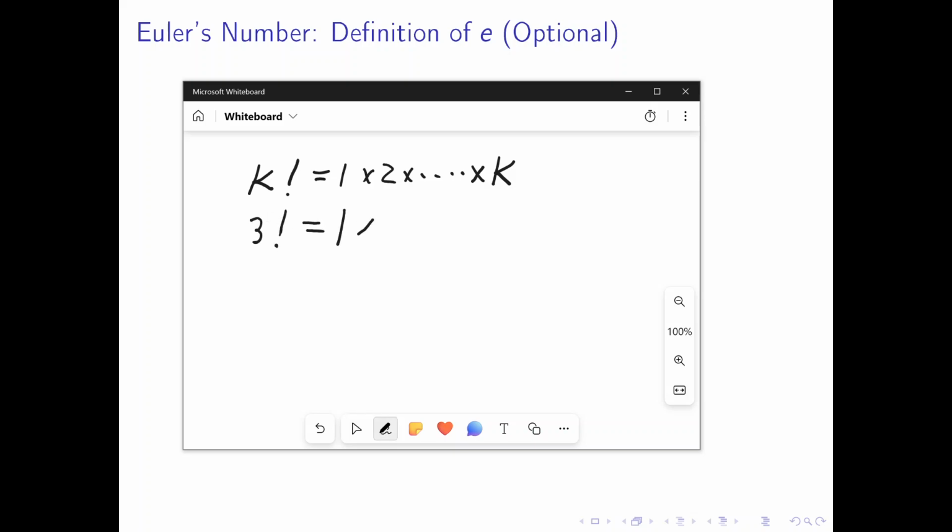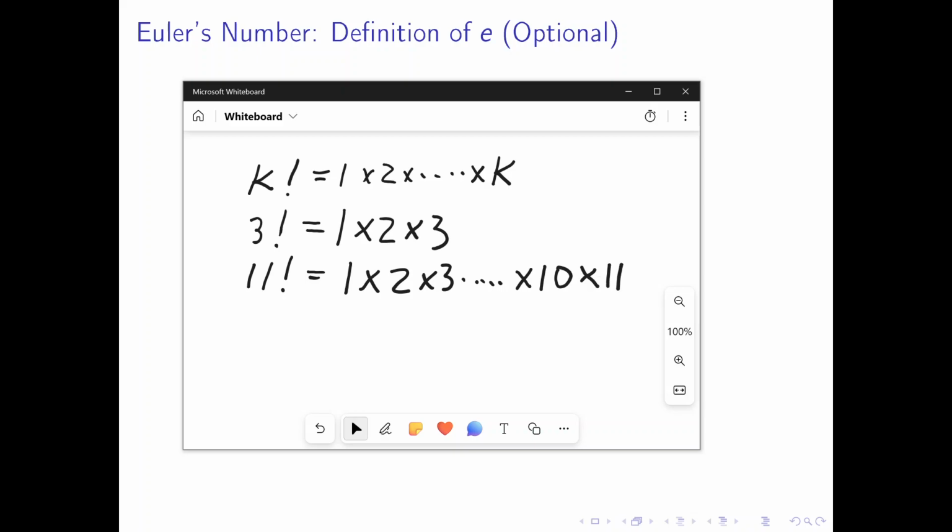Equal to 1 multiplied by 2 multiplied by 3. And 11 factorial, what is that equal to? It is equal to 1 multiplied by 2 multiplied by 3, and it goes on, multiplied by 10 and multiplied by 11. So that is the basic definition of factorial.